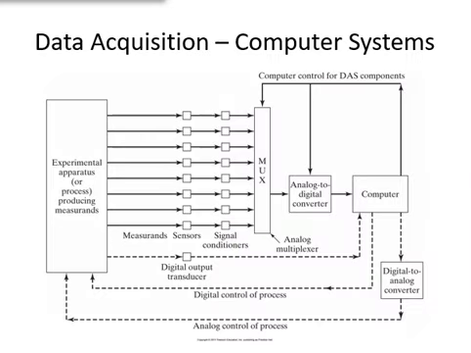This figure shows a block diagram of a typical computerized data acquisition system with 8 channels for the input signals. Although most transducers produce an analog voltage, at least after signal conditioning, some transducers produce digital output.